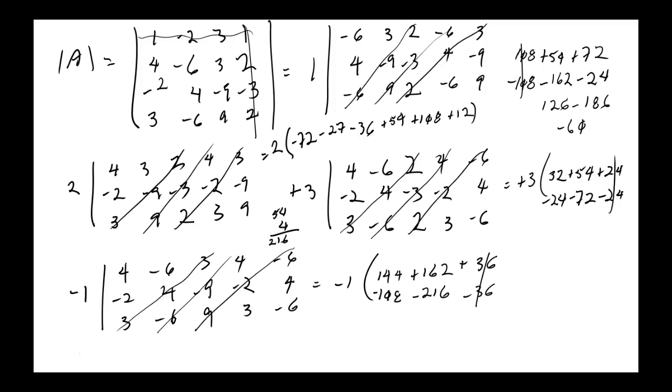So we did the first one, came out to minus 60. This next one, you got your calculator ready? Okay. So you can enter a negative 60 plus 2 times, open parentheses, negative 72 minus 27 minus 36.